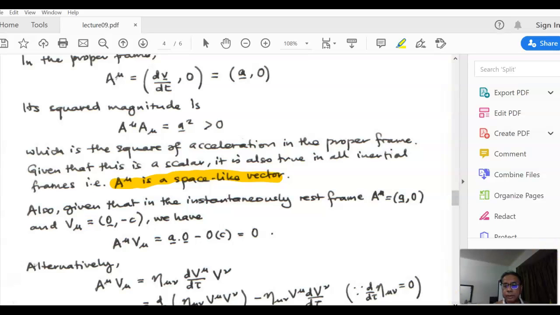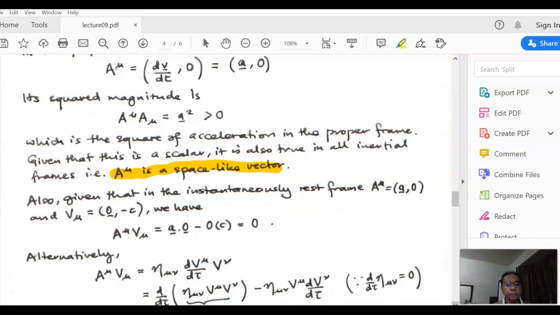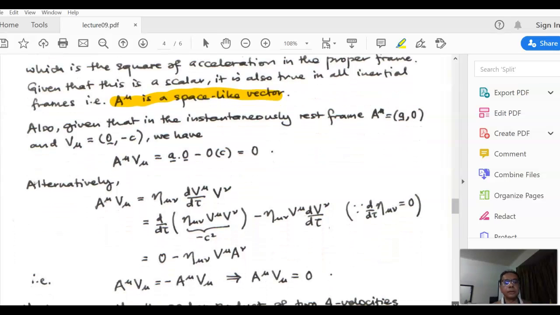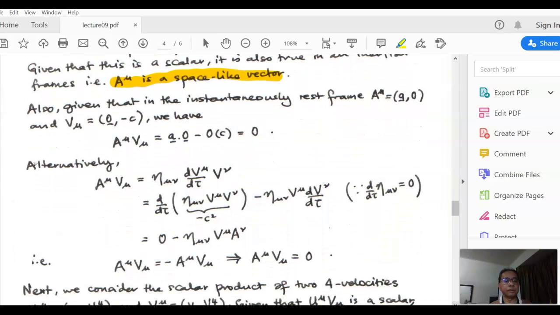But one can make this more general by going back to the definition of A mu. Now there's a contraction with the metric itself.